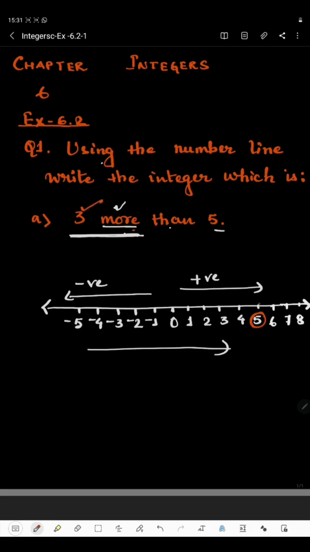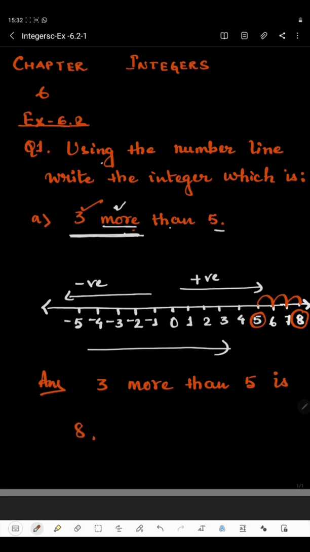So from 5, if you move 3 steps, it is 1, 2, 3. So the answer will be 8. We will write the answer: 3 more than 5 is 8.